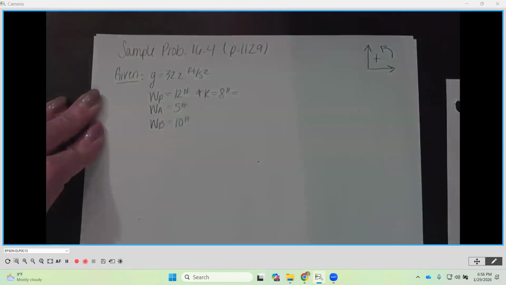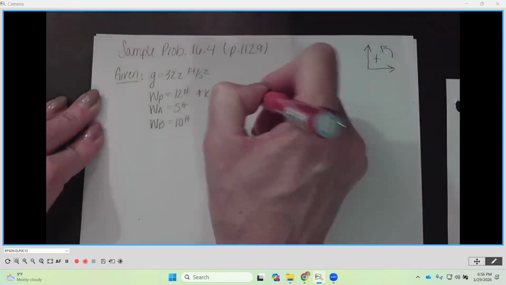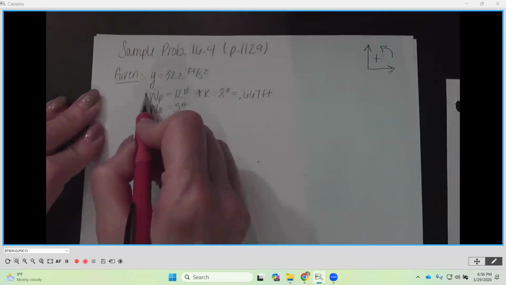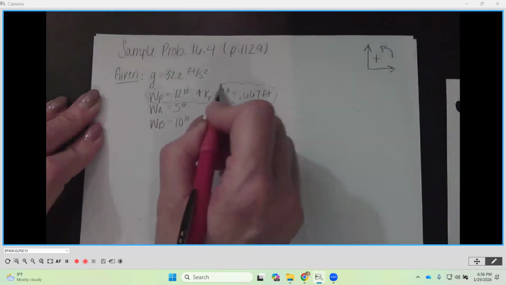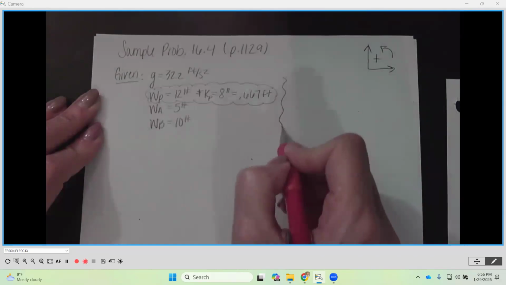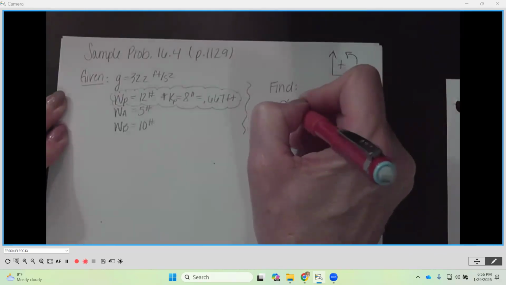I'm not going to have you write out that conversion anymore. We're just going to divide by 12, and that's going to be 0.667 feet. So K is equal to 0.667 feet. These go together; this is the pulley.